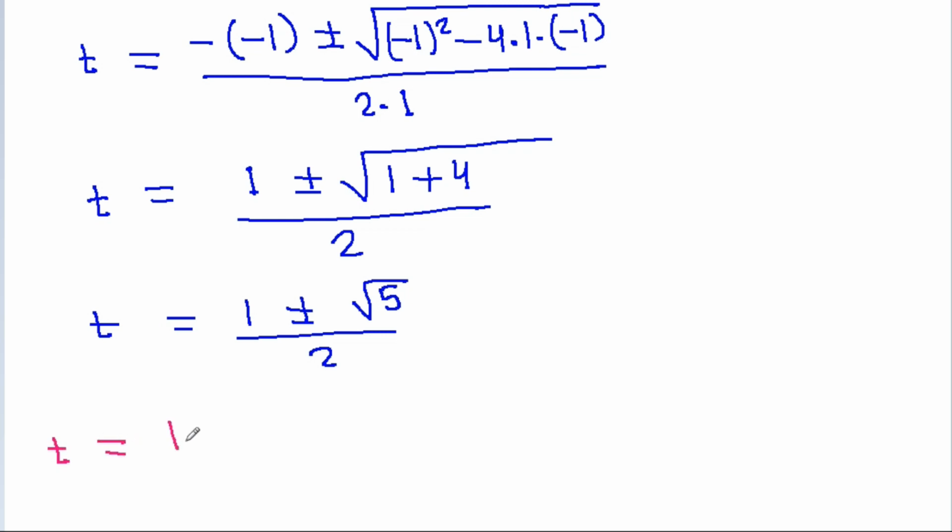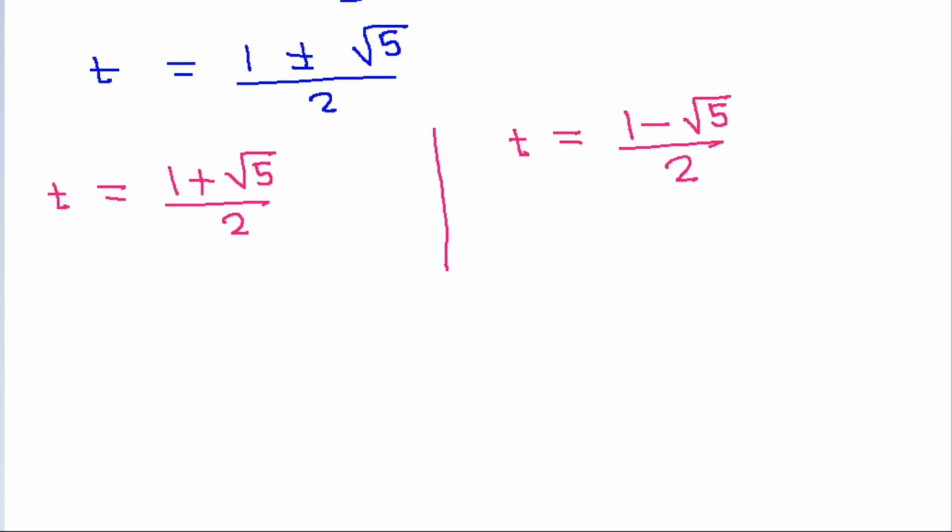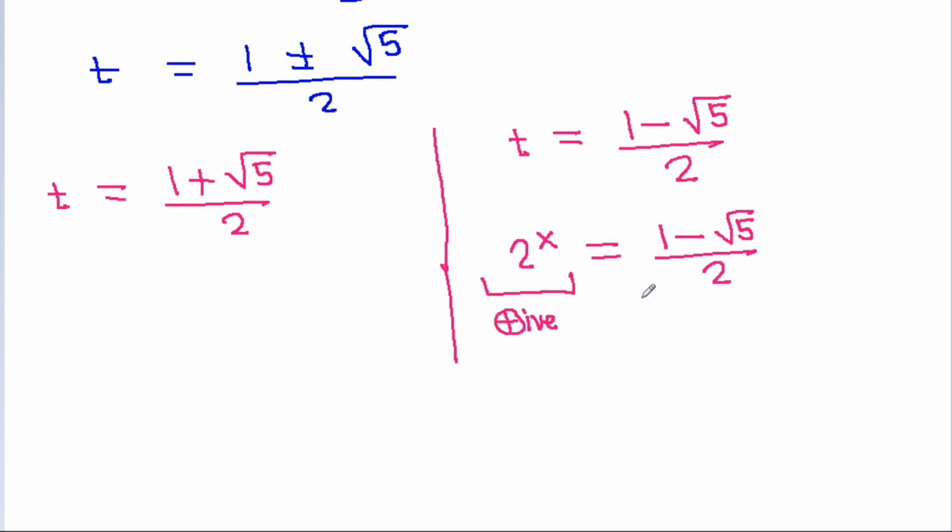So t is equal to (1 + square root of 5)/2, and t is equal to (1 − square root of 5)/2. Now t is 2^x, and 2^x is positive, while (1 − square root of 5)/2 is negative. So it is not possible.